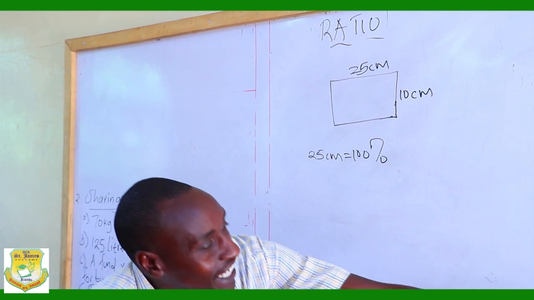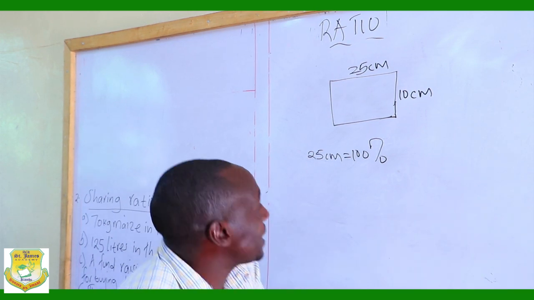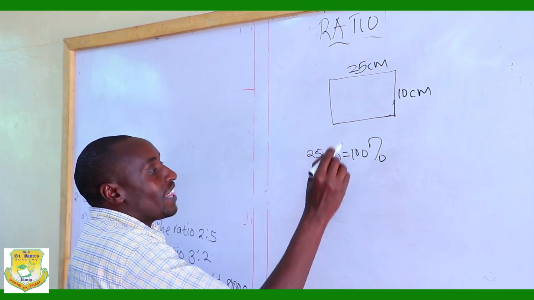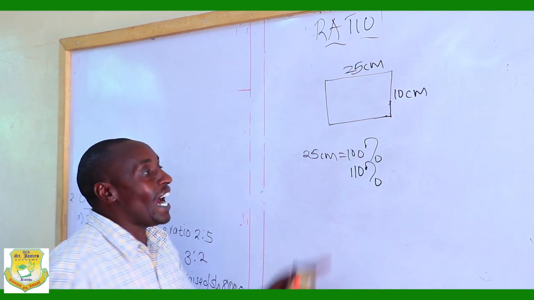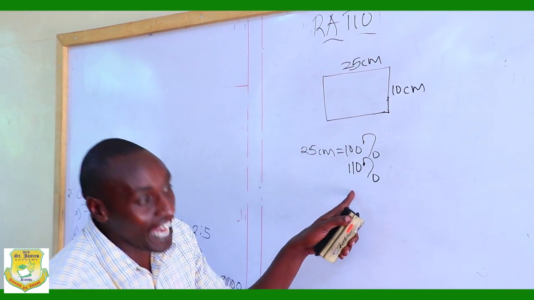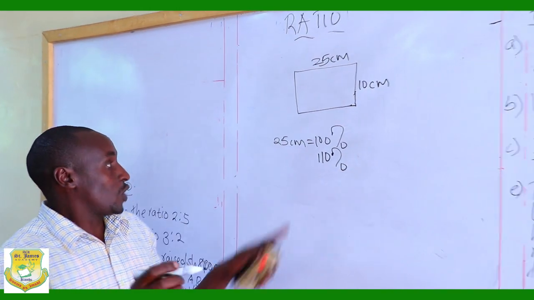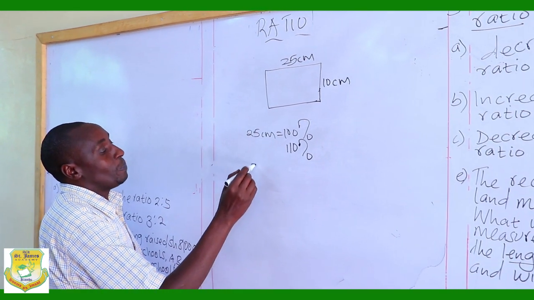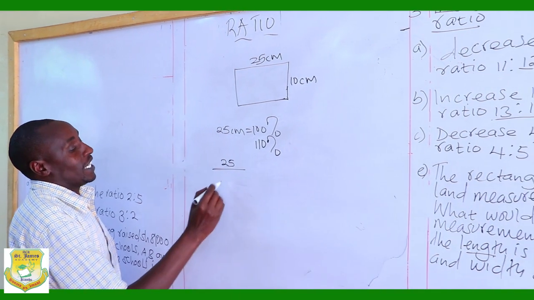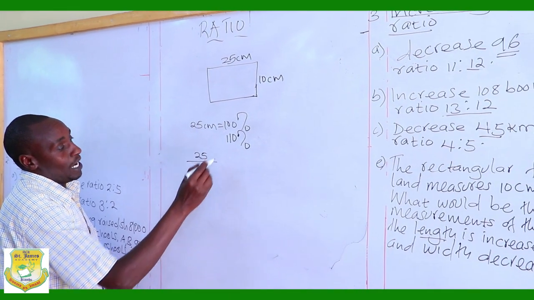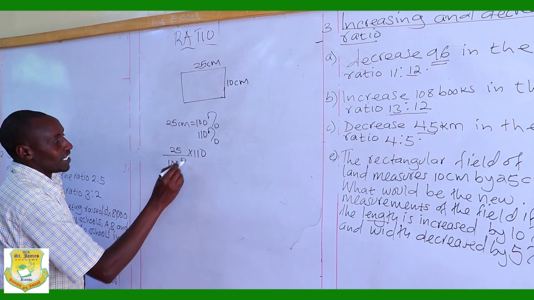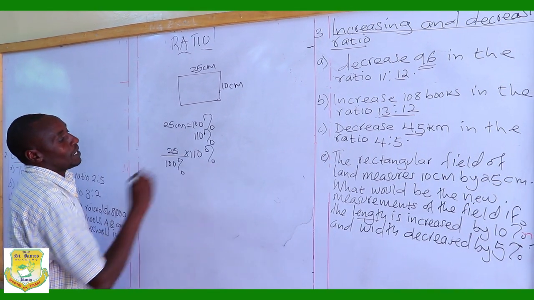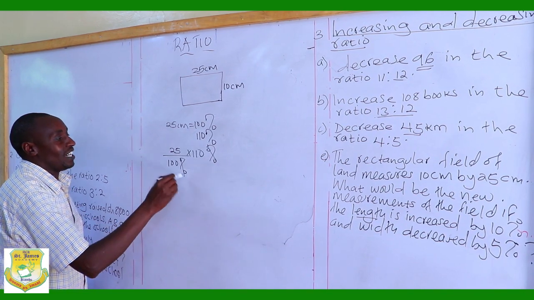Here I'm told I increase by 10%. So the new percentage will be 110%. I take 100 plus 10, I increase. So I get the new measurement, it will be 25 centimeter divided by 100 multiplied by 110. That is percent with percent. I simplify there.